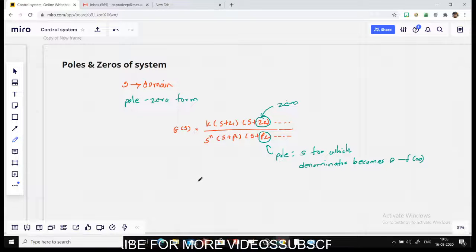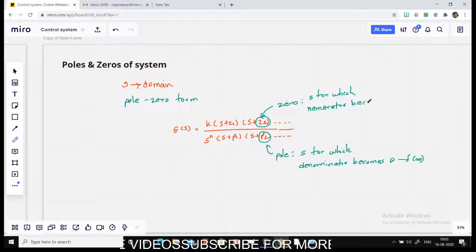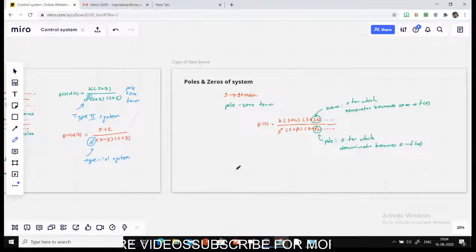Zeros are the values of S for which your numerator becomes zero, and if my numerator is zero, that means effectively my function becomes zero. So zeros are the values of S for which your numerator becomes zero, and poles are the values of S for which your denominator becomes zero.